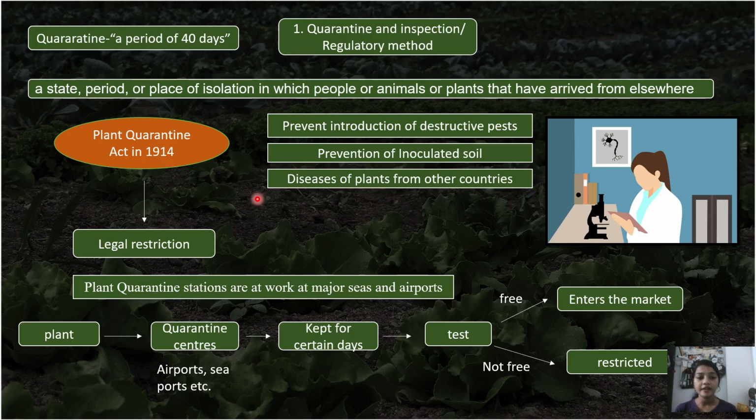Every country has this plant quarantine act in their constitution, implemented to ensure that any area is prevented from plant diseases, so that the diseases do not spread, right? So this was about quarantine or regulatory methods.